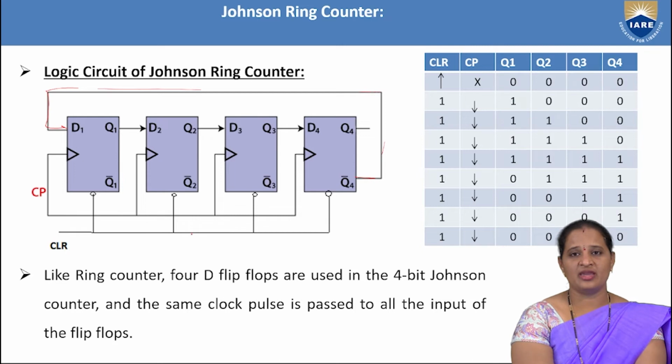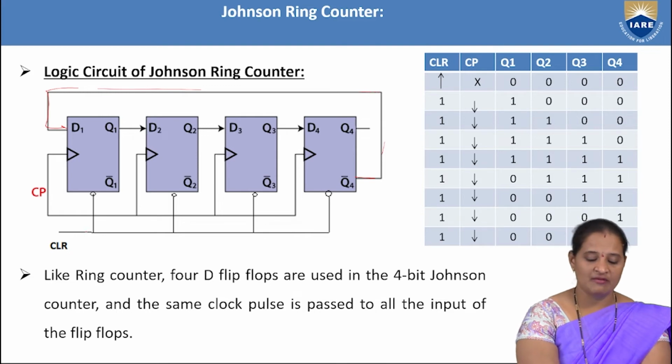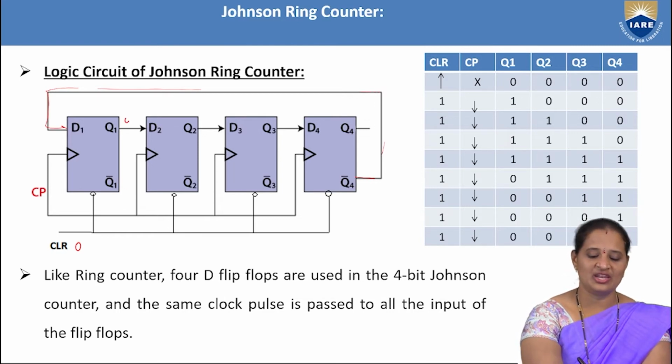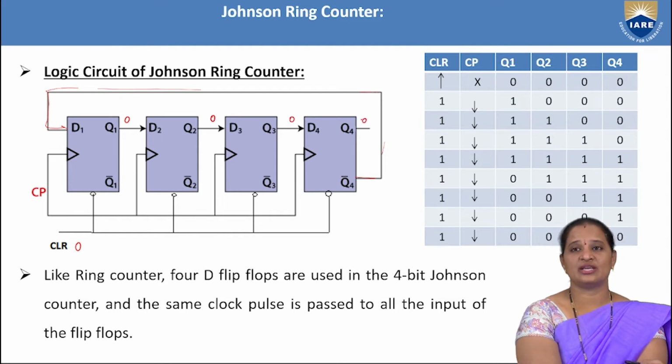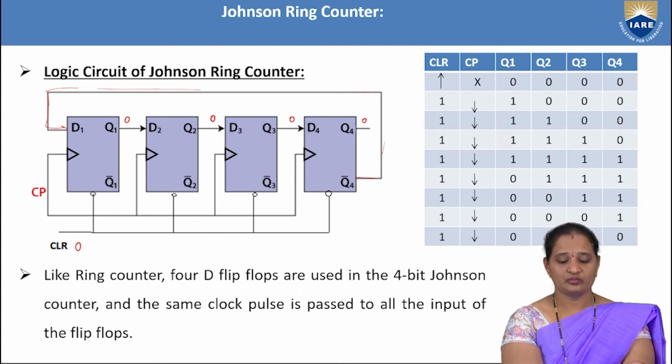We are just applying the clear input to all the flip-flops, and this is an active low input. If the clear input is 0, it clears all the flip-flops. That means initially the outputs of all the flip-flops are 0.